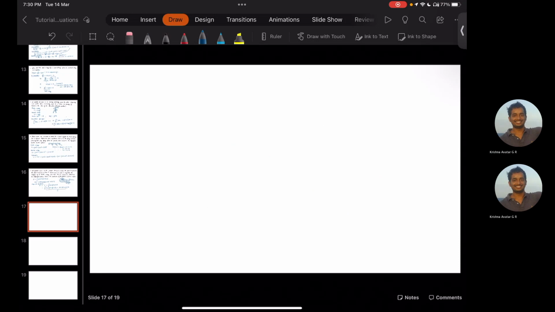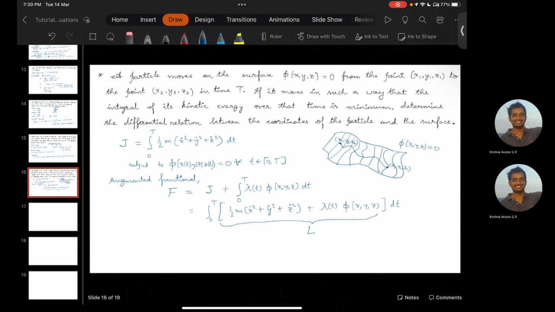So what we see is this L, the integrand, is a function of t, which is the only independent variable, and we have four dependent variables: x, y, z, and lambda.